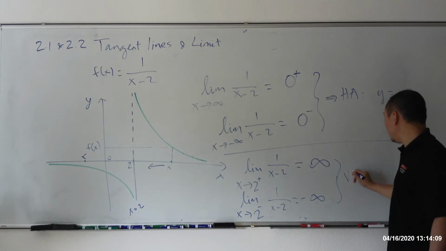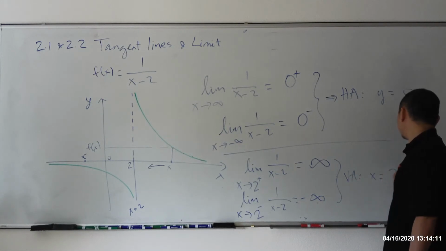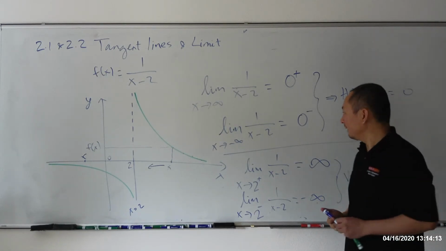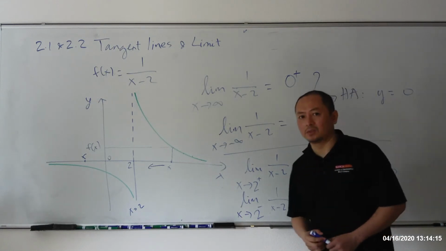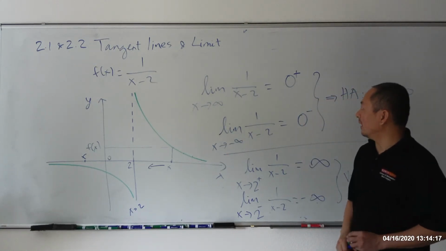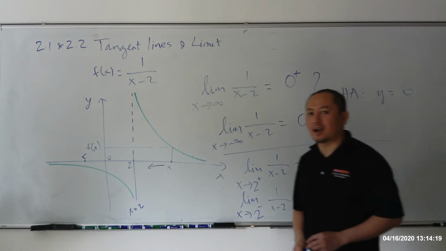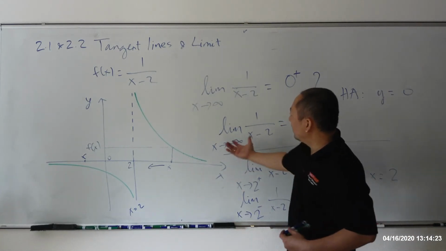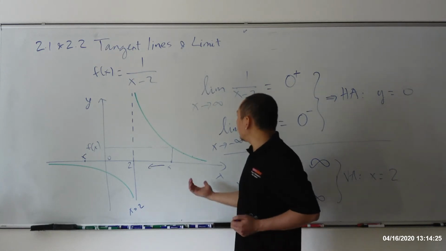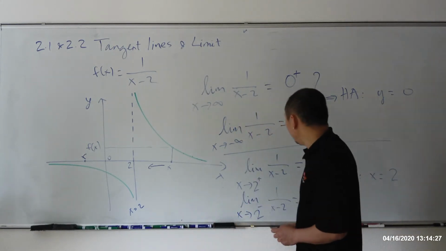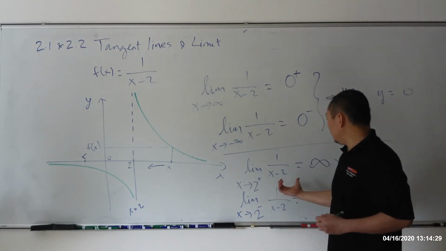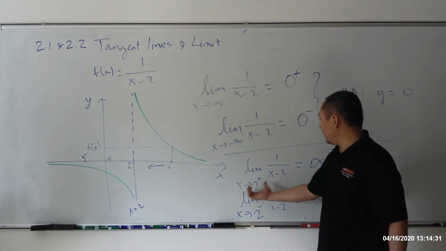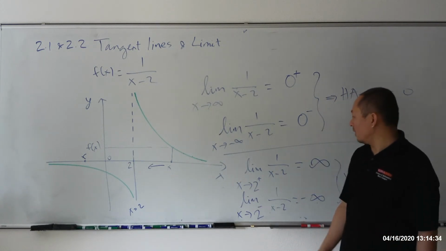You have the vertical asymptote at x equal to 2. Either one of those two will tell you this. After having the intuitive definition of limit, we showed you the case where the value of the function goes to infinity when x goes to a certain number.